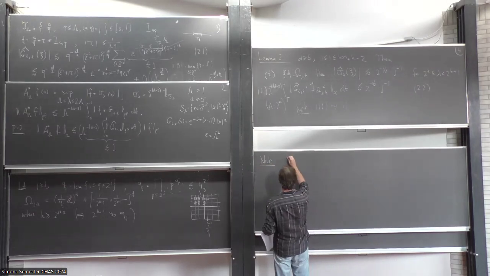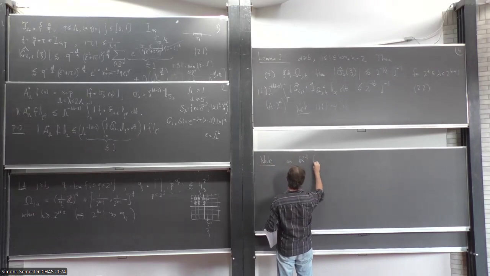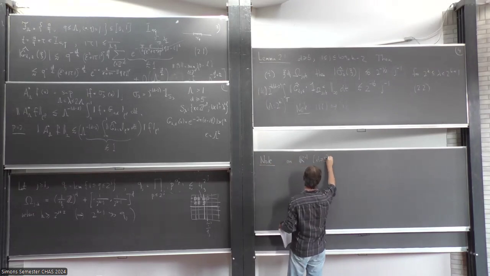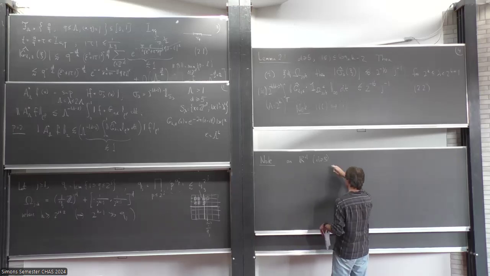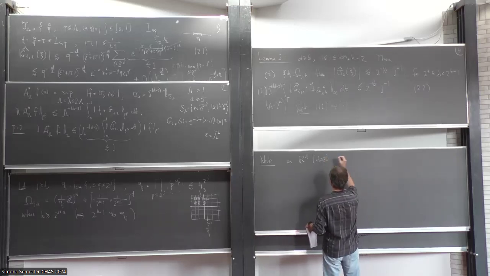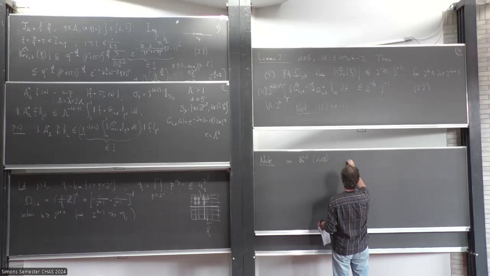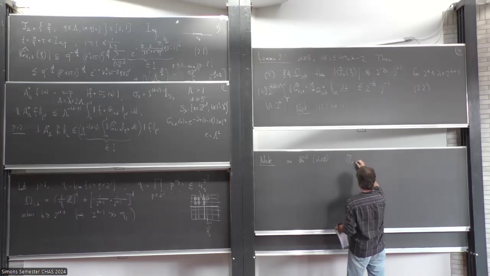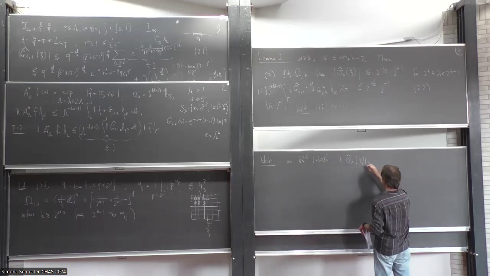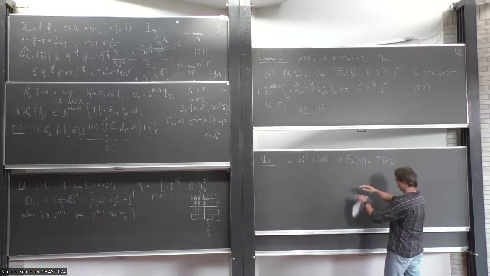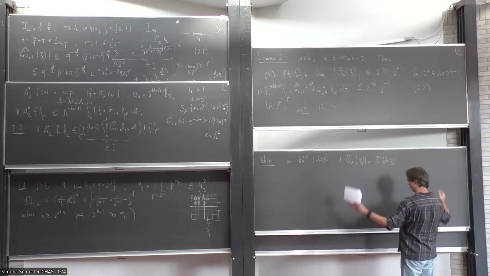So on R^d, it is well known, at least in dimension 3, or even dimension 2, that the continuous Fourier transform of sigma lambda hat is sigma hat at lambda c, because you change variables.